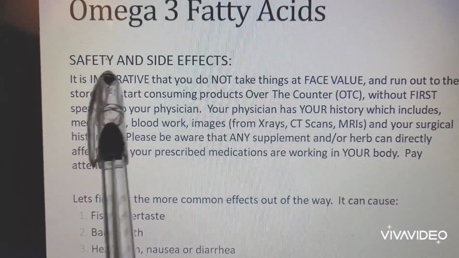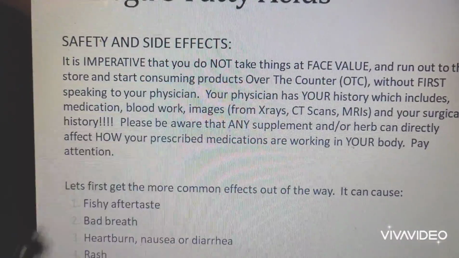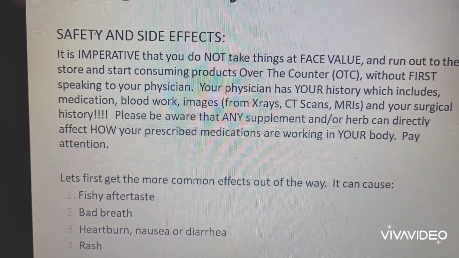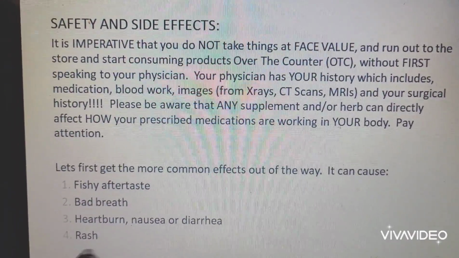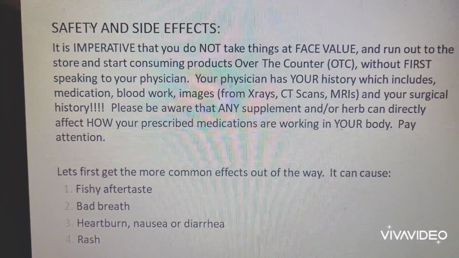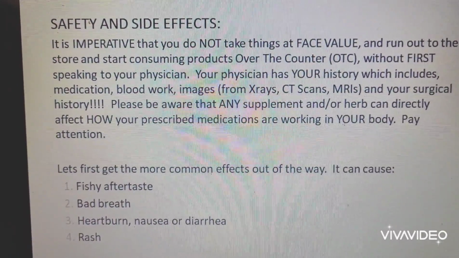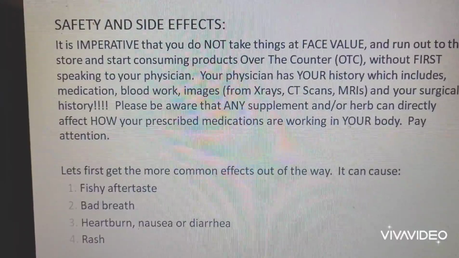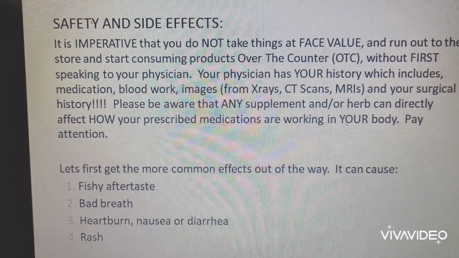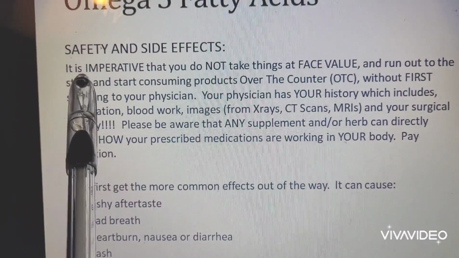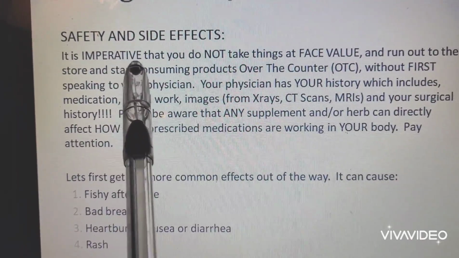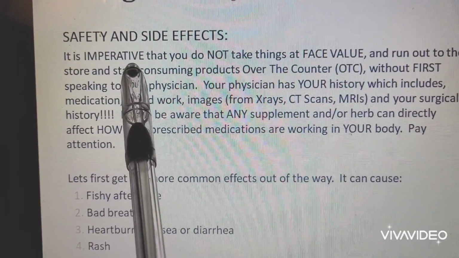So we have to look at the safety and the side effects of it. This is why it is extremely important that you speak to your doctor, that you are in constant contact with your doctor, and that you are making your appointments. Okay? It is imperative, and I put that in all caps.